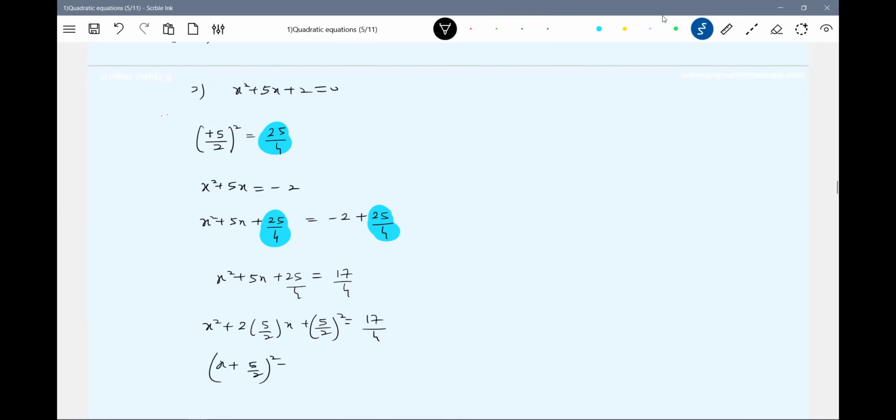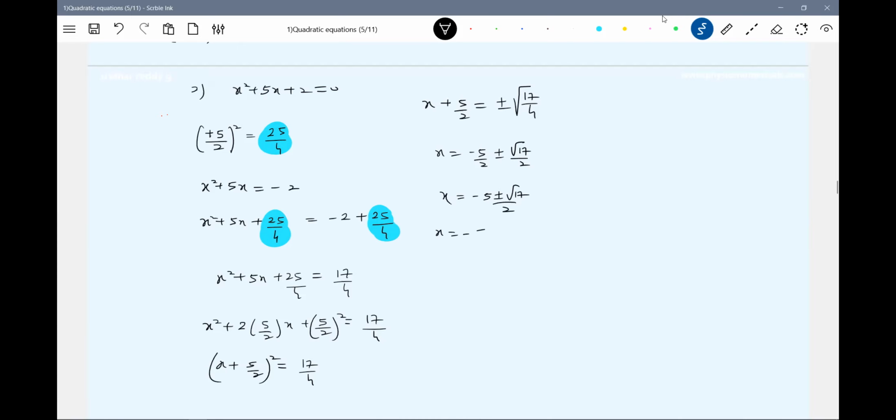So then this equation will be x plus 5 by 2 equal to plus or minus root 17 by 4, or equal to minus 5 by 2 plus or minus root 17 by 2, that is, minus 5 plus or minus root 17 by 2. So there are 2 roots.